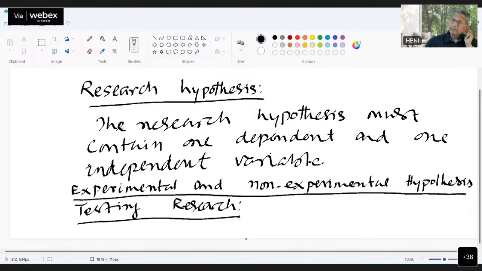When your independent variable is not manipulated, then it is called non-experimental hypothesis testing research. Suppose you take a group of 50 students in a class, and you want to study the relationship between their intelligence and reading habit.